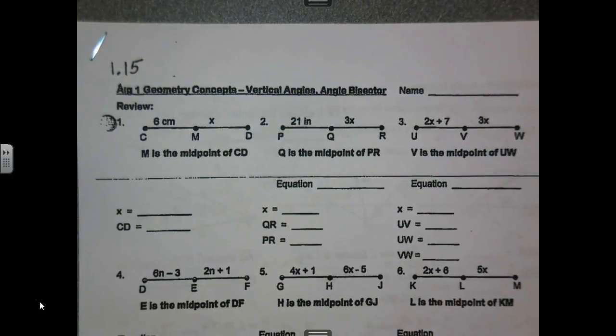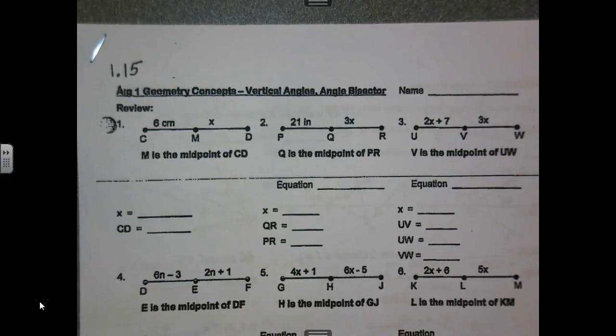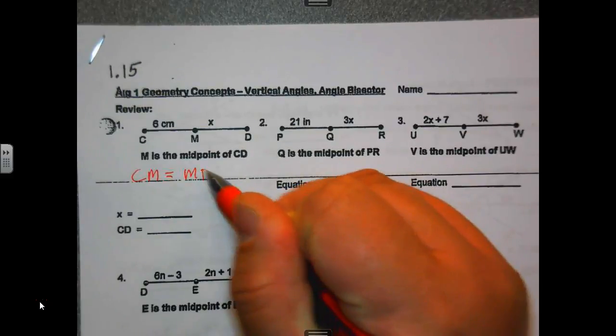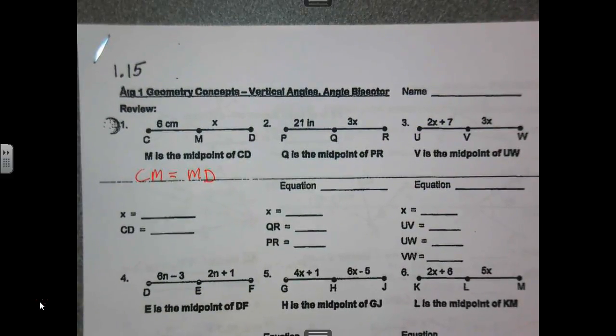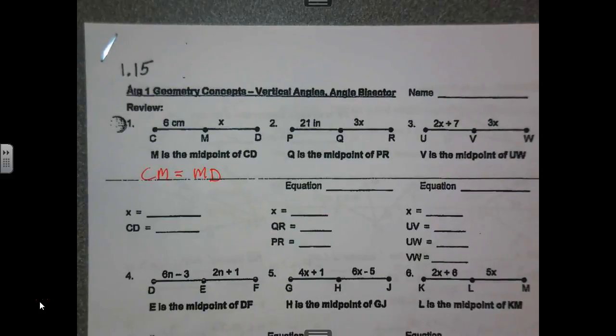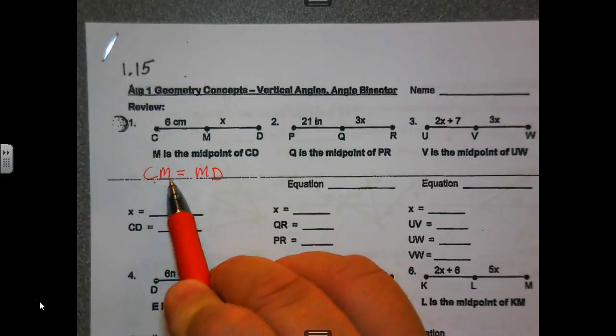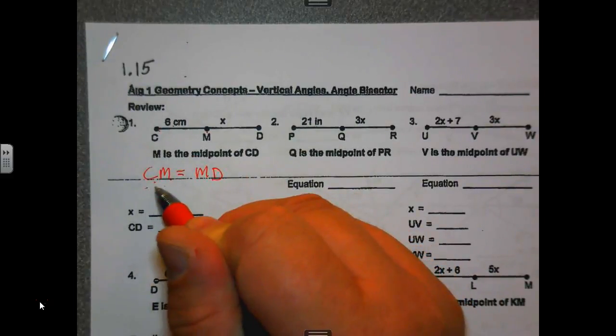Line segments with midpoints, correct? What do we know about midpoints? They're in the middle. So what do we know about the length of the little line segments they make up? That's right. The little line segments are equal to each other. Okay, so I know that the distance from C to M is 6 centimeters.